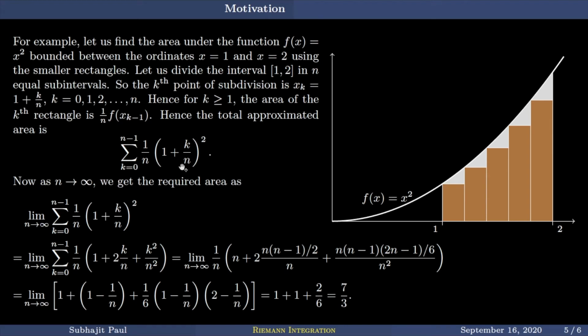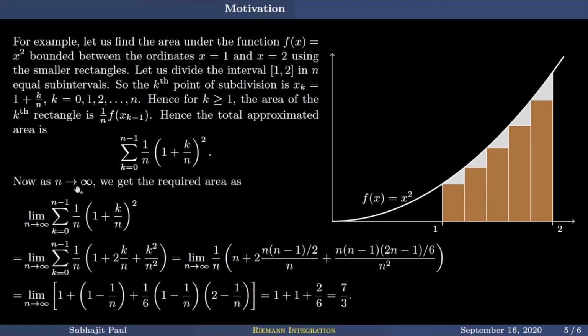So here it is 1 plus k over n, whole square. Since k is running from 0 to n minus 1, this is 1 by n times (1 plus k over n) whole square, because f of x is equal to x square. This is your f of x_{k-1}.